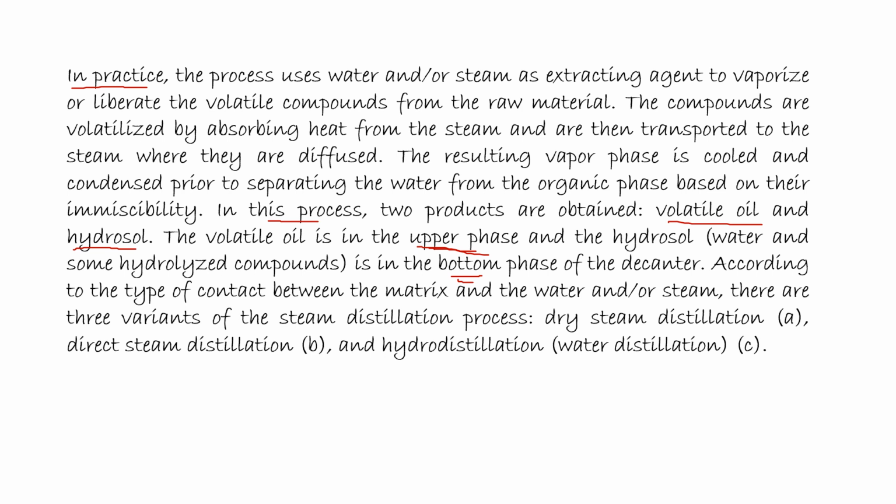According to the type of contact between matrix and the water and/or steam, there are three variants of the steam distillation process: what we call dry steam distillation, direct steam distillation, and hydrodistillation using water distillation.